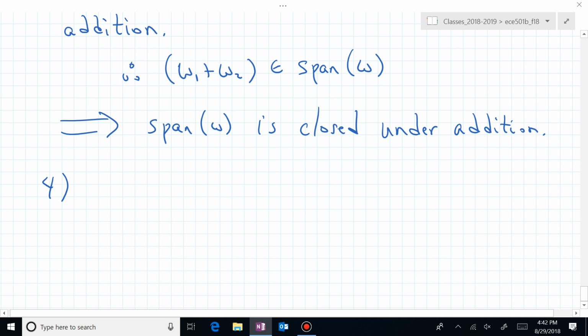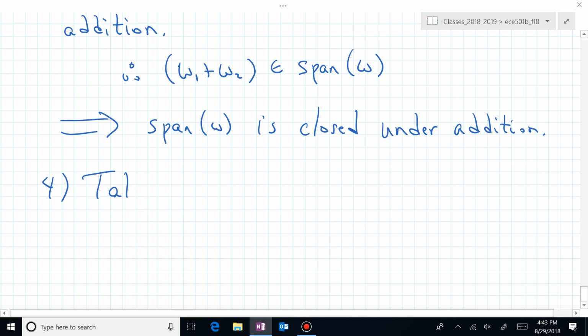So we've found that span of W is a subset. We've shown that it contains the 0 element. That was 2. 3 we just concluded. It's closed under addition. Let's now go ahead and finish this with 4 to show that it's closed under scalar multiplication.